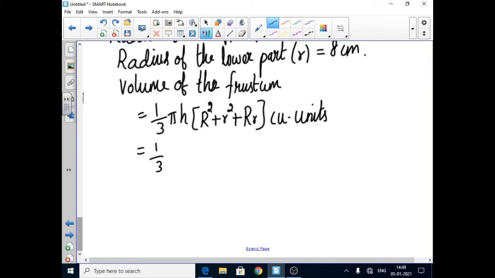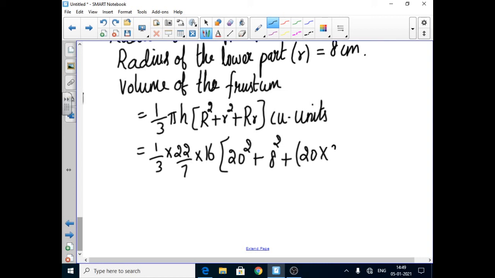So 1/3 into 22/7 into h, which is 16, into capital R is 20 square, small r is 8 square plus 20 into 8.